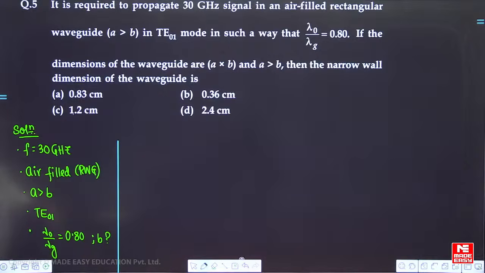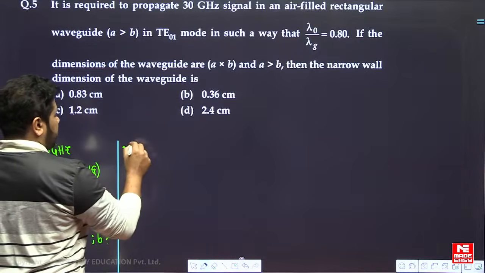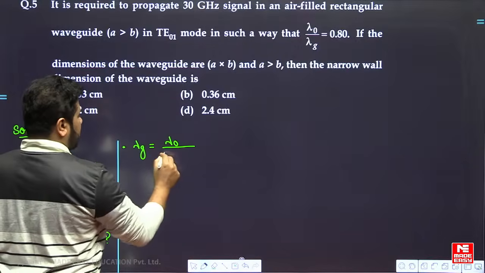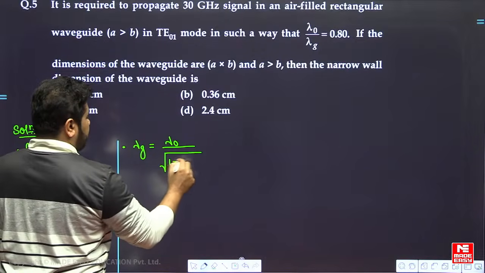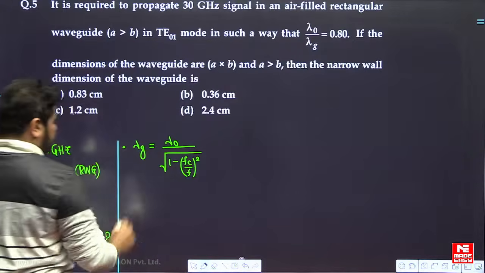Okay, so answers are coming. Somebody is saying option B. Okay, let us do. Now lambda naught upon lambda g, right? We know that lambda g is basically the guide wavelength. This is given by the formula lambda naught upon root under 1 minus fc upon f whole square, isn't it? This is the formula, correct?